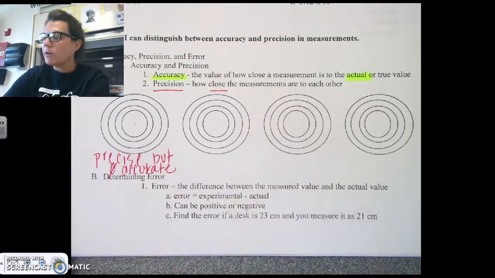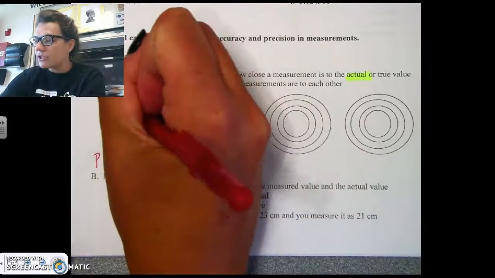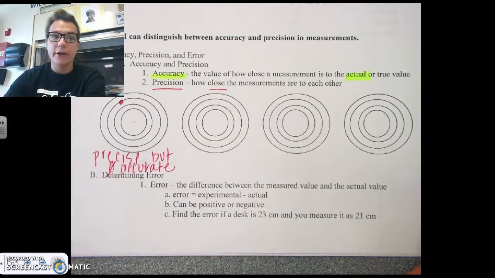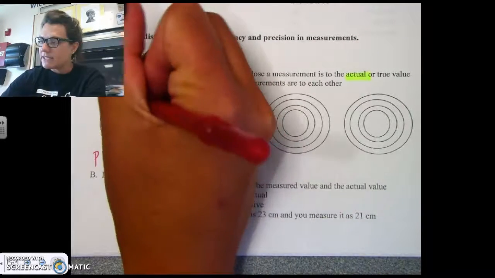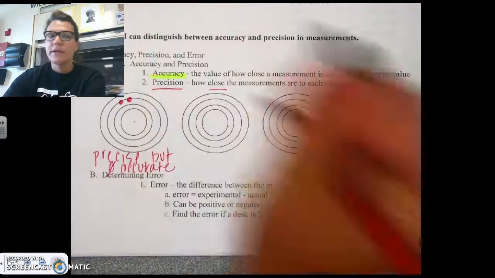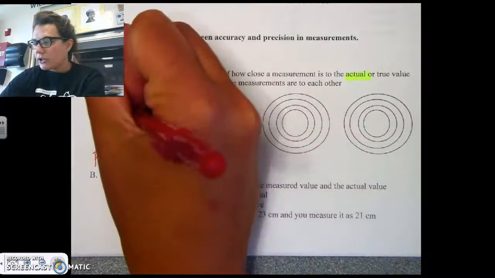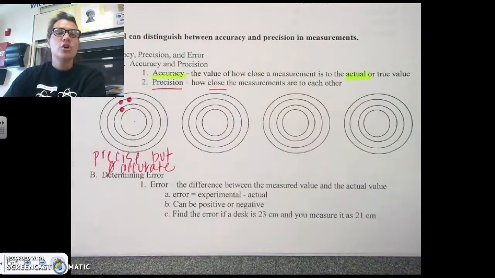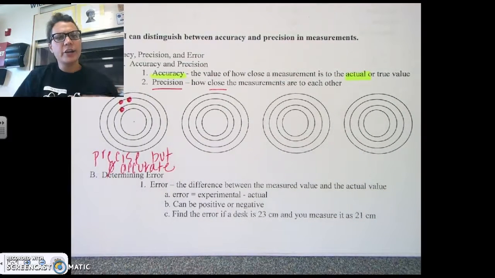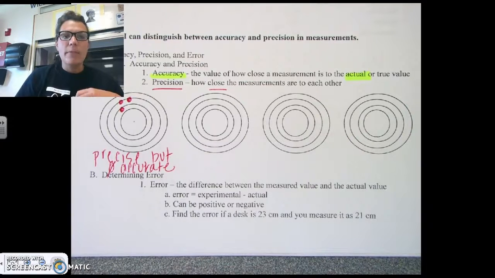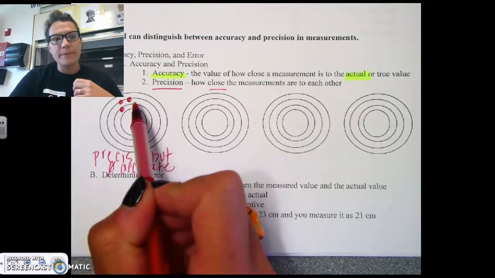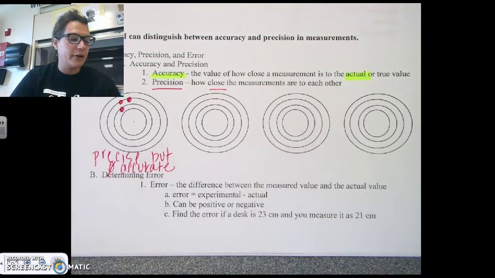So that would be like me saying, I hit my first dart here, not accurate. I hit my second dart here, still not accurate because it's not hitting the bullseye, and third dart here. So neither of my darts are accurate because they're not hitting the center, but they're very precise because each dart is really close to each other. So that would be precise but not accurate.